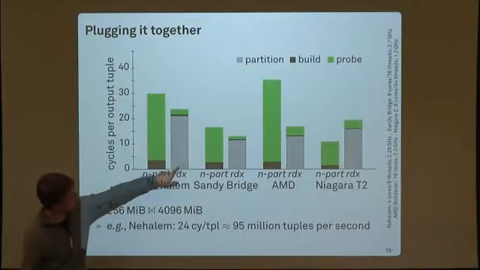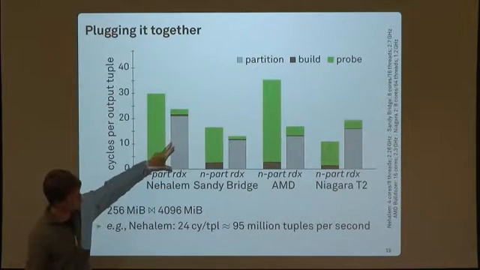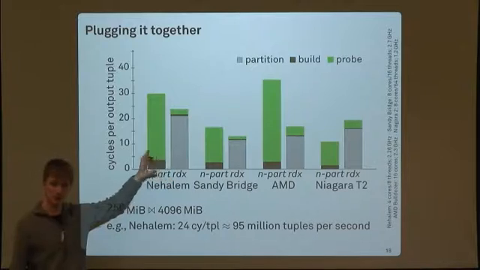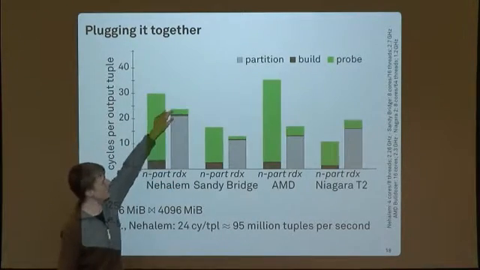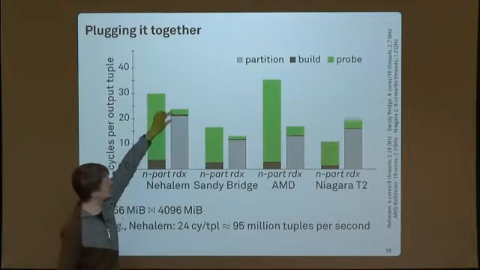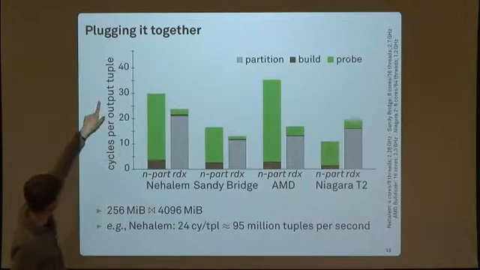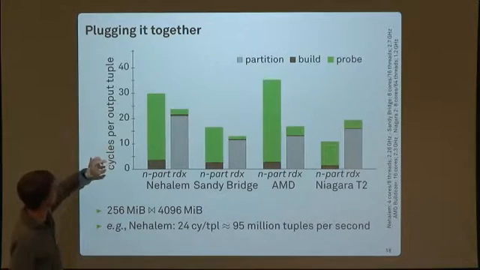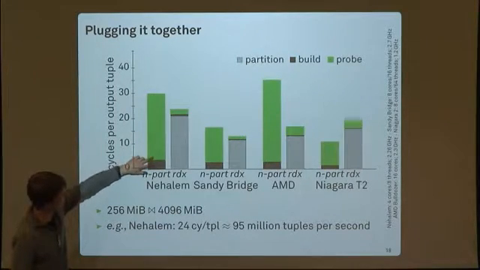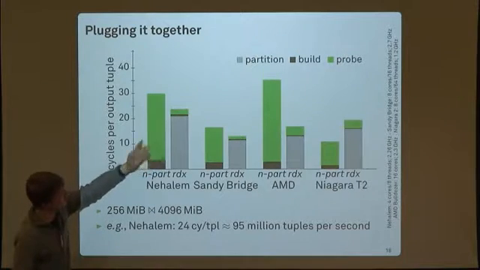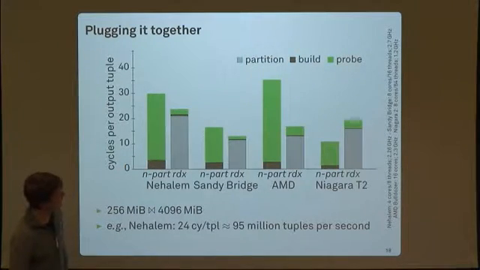What you see is that partitioning indeed is responsible for a large share of the cost, whereas once you have partitioned, doing the actual join has negligible cost. This is the number of CPU cycles per output tuple of your join. In contrast, because of the many cache misses, you lose a lot of time in the build and probe phases of the no partitioning algorithm.